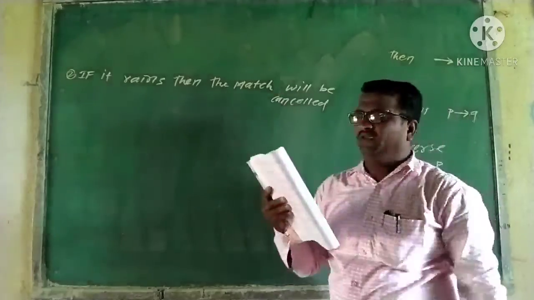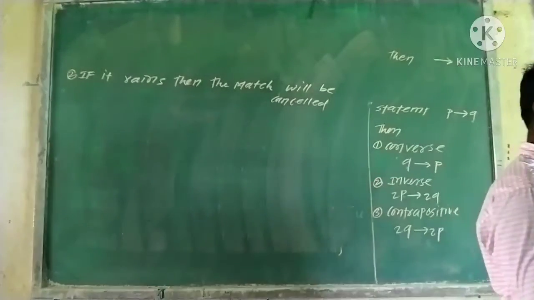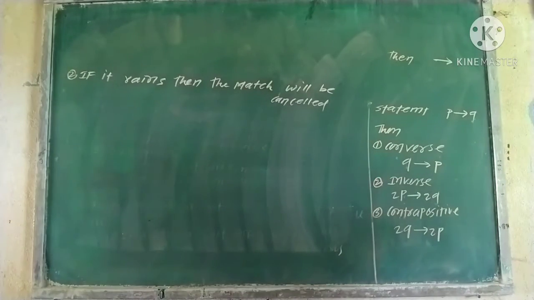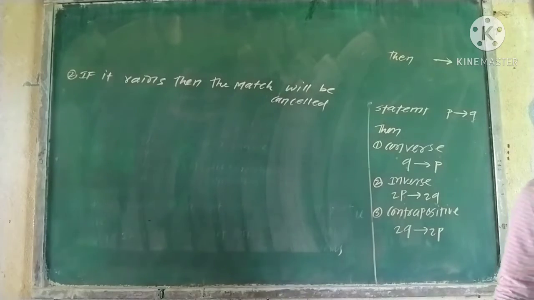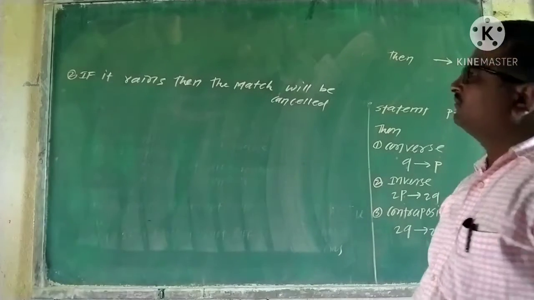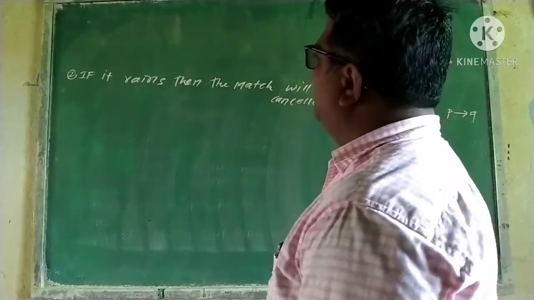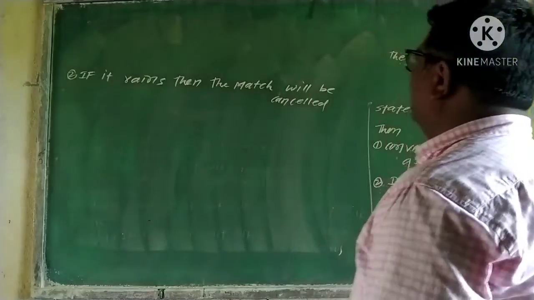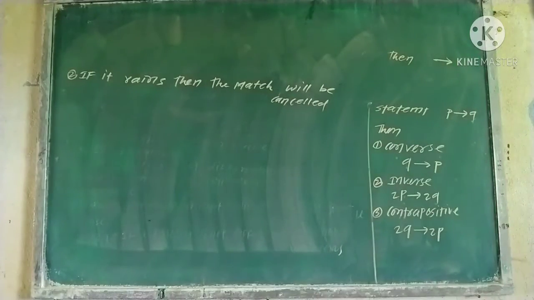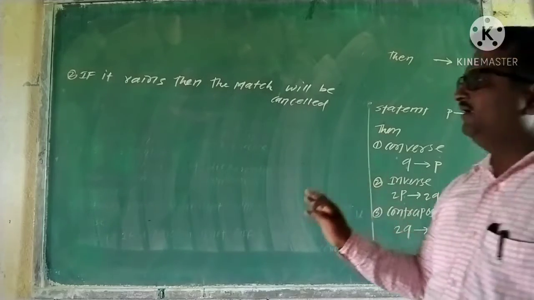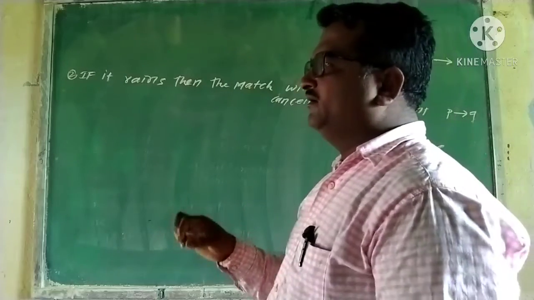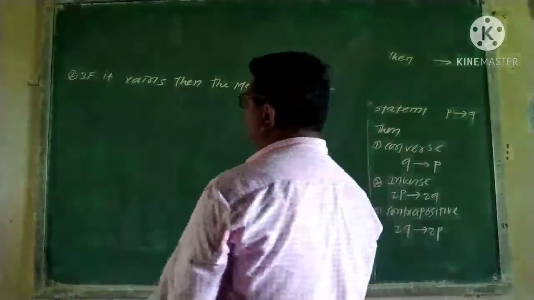The match will be cancelled. Practically, if it rains, then the match will be cancelled. Now here we can find the first statement P and the second statement Q.